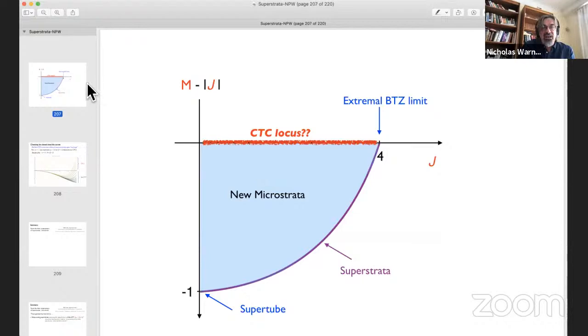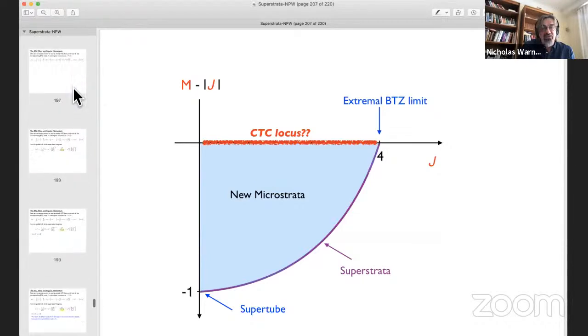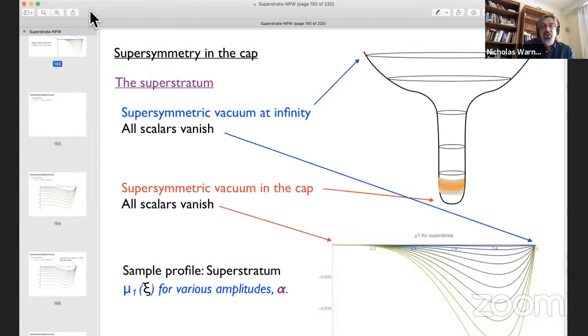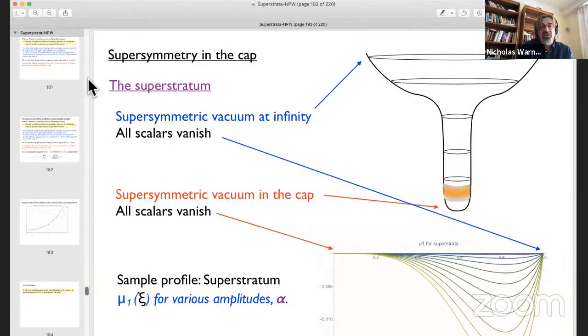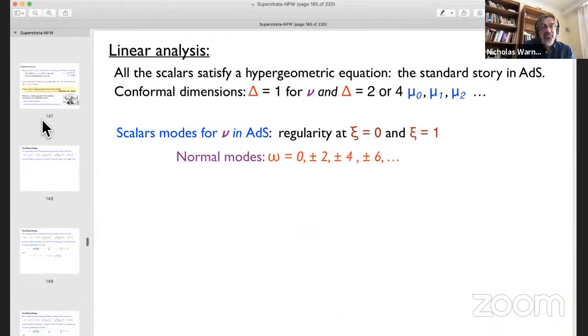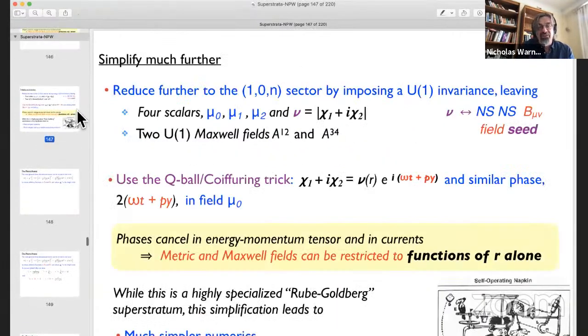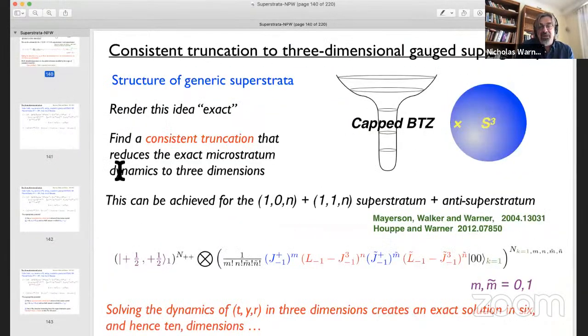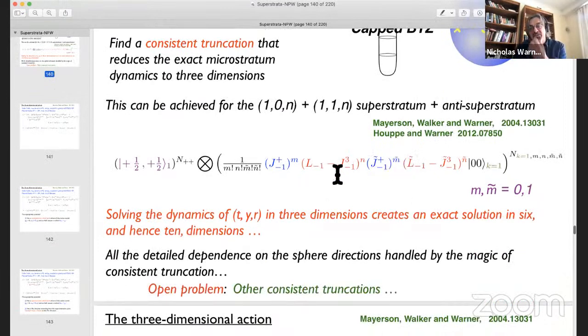And in particular, my favorite one, which I think we'll be able to do, is, let me just see if I can find it. It's where you have an antisuperstratum. Remember, I sort of said this thing there. Basically, you can have an antisuperstratum and a superstratum. So that's this guy.